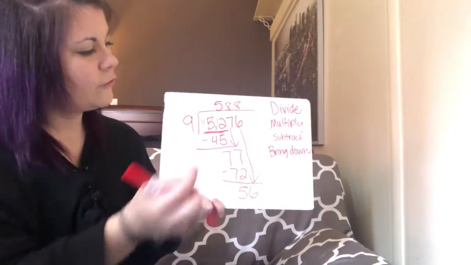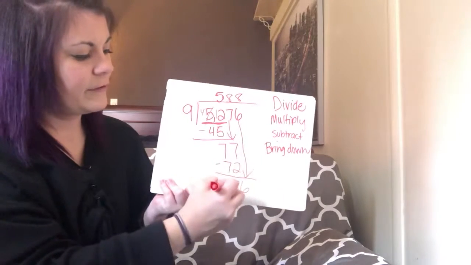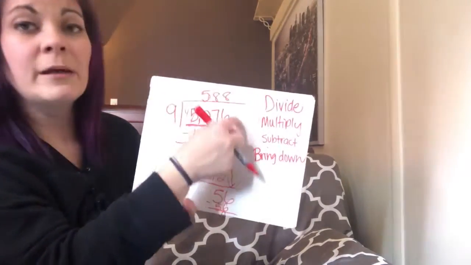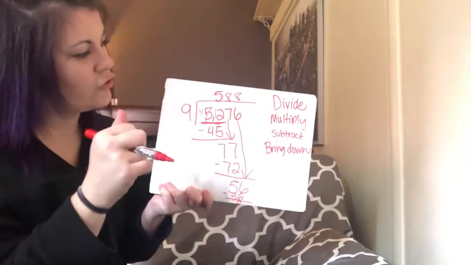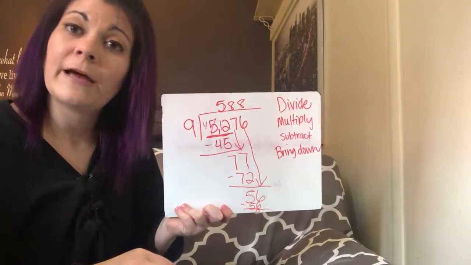So we write down 8. 8 times 9 is 56. Subtract, and we have a 0. We don't have a number to bring down, so we're done, with a remainder of 0, which is great. Our answer is 588. That's how you divide whole numbers.